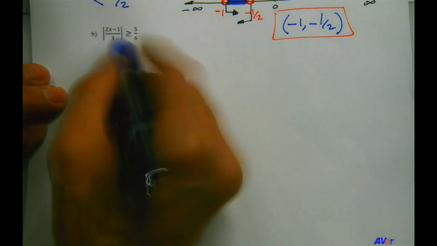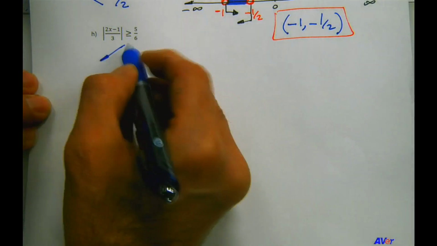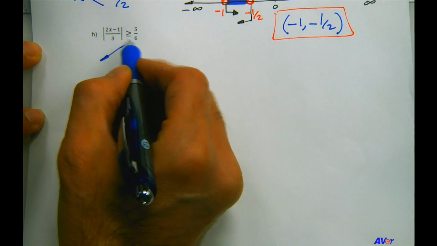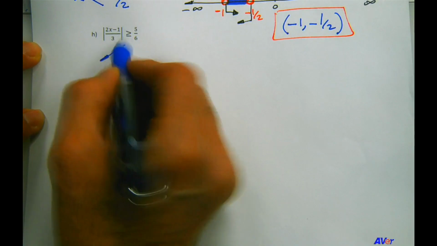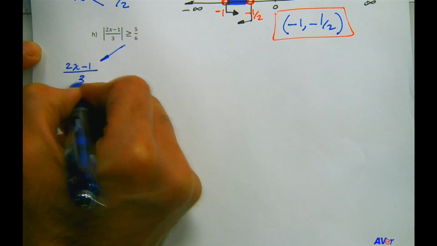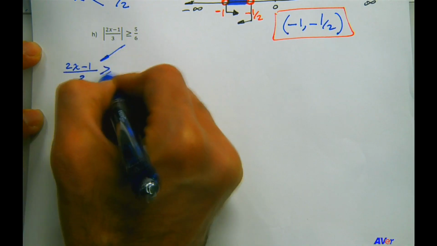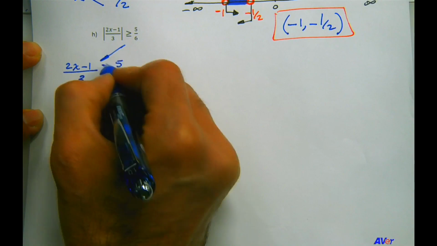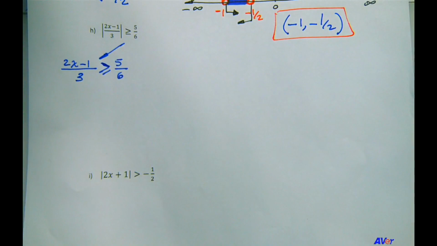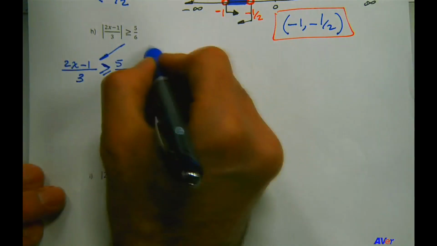Okay, so once again, we have two solution paths, right? One solution path is exactly that as it is, without the absolute value bars. So 2x minus 1 divided by 3 greater than or equal to 5/6, right? That's one of the solution paths. What's the other one?